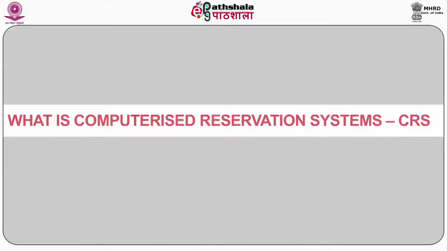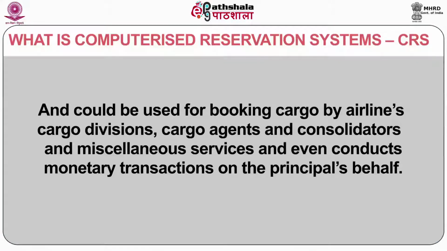Let us now discuss what computerized reservation systems are. Computerized reservation systems are often also called Central Reservation Systems or CRS. The main function of a CRS is that it embeds all the information regarding inventory, etc., and can be used for booking cargo by airline cargo divisions, cargo agents, consolidators and for miscellaneous services, and even conducts monetary transactions on the principal's behalf.